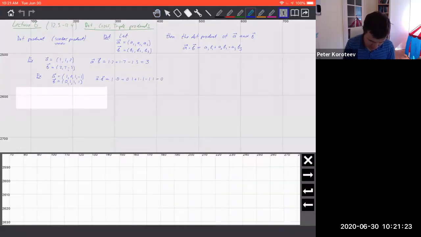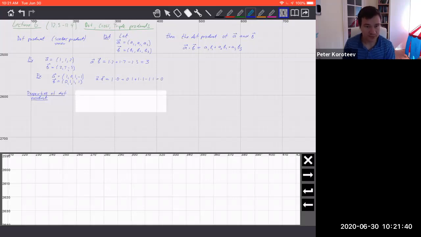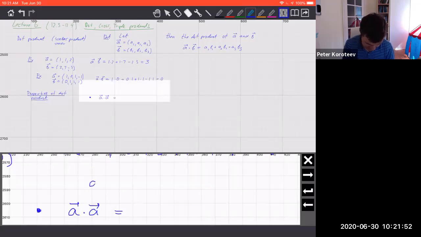Now, let's list the properties of the dot product. First, if you take A and do the dot product with itself, what will we get? Let A be A1, A2, A3.